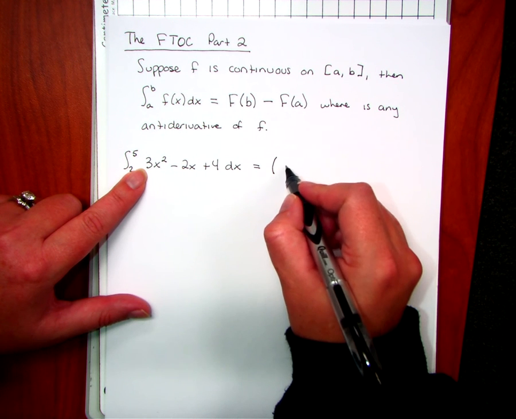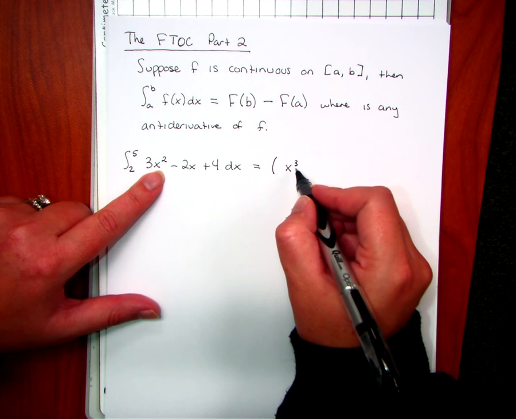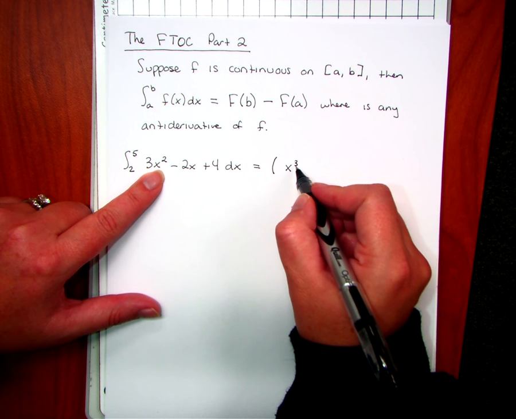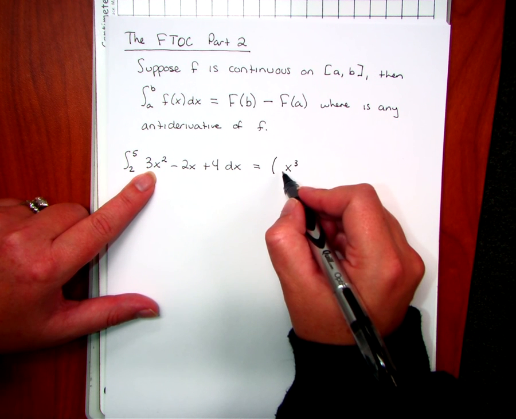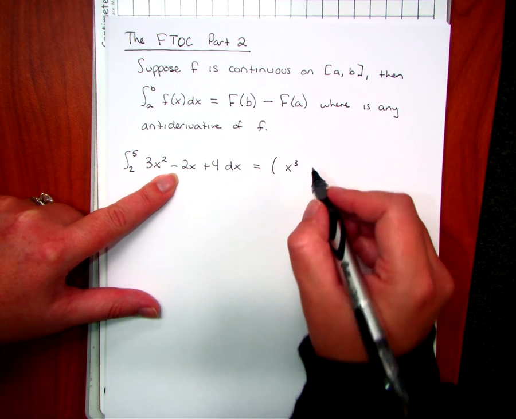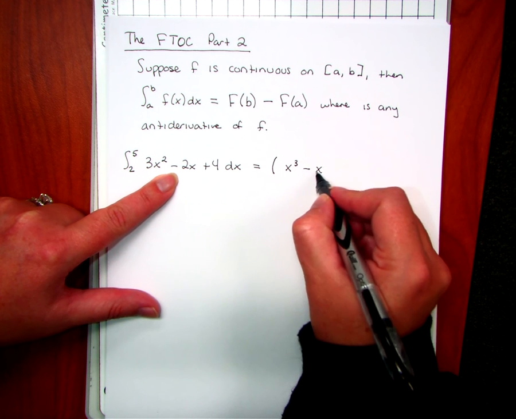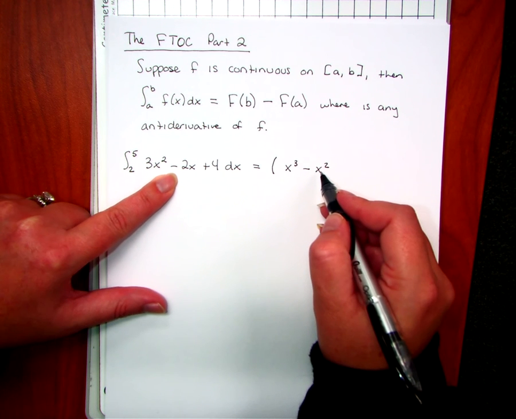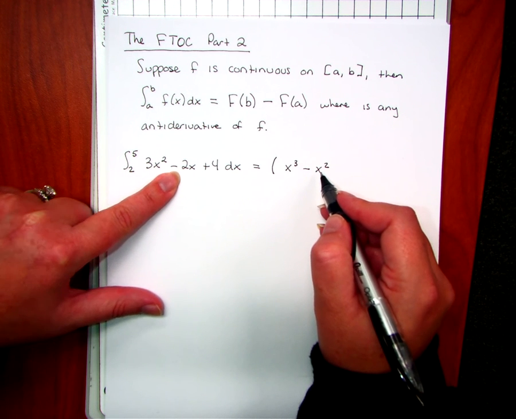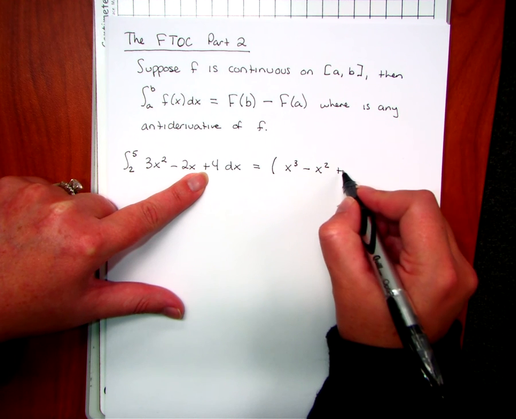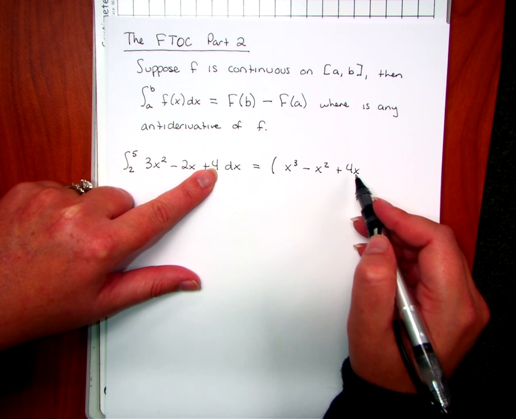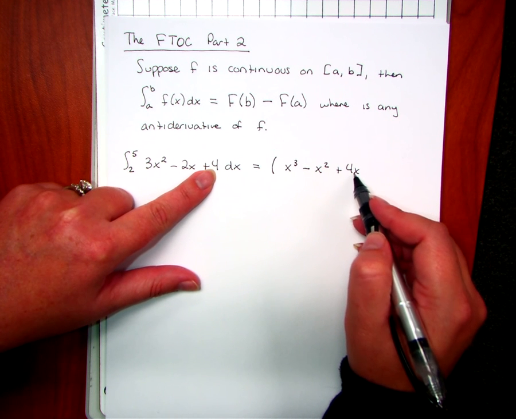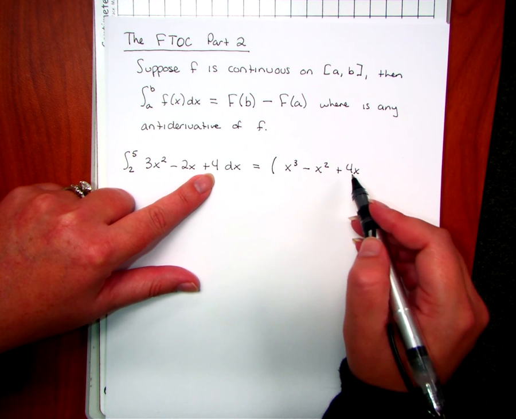The first term needs an x cubed because we always increase the power by 1. The derivative of x cubed is 3x squared, so we don't need to add a coefficient. Minus x squared: the derivative of minus x squared is minus 2x, so that term is good. Plus 4x, because we need to add an x to a higher power here. The derivative of 4x is 4, so we're good there.